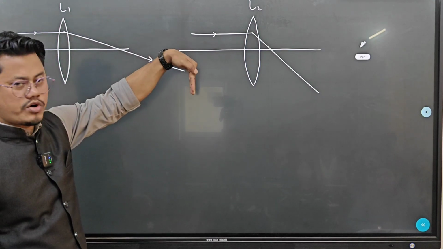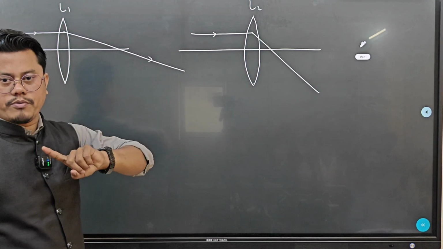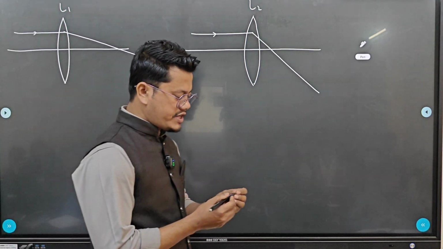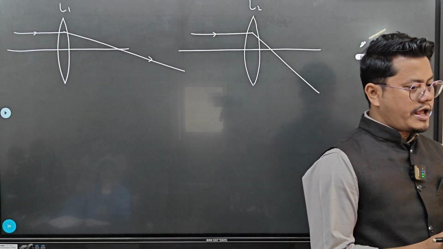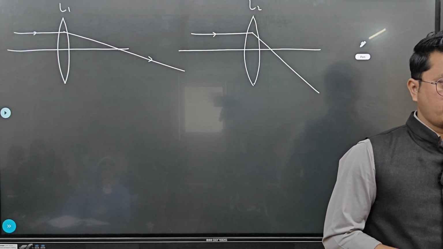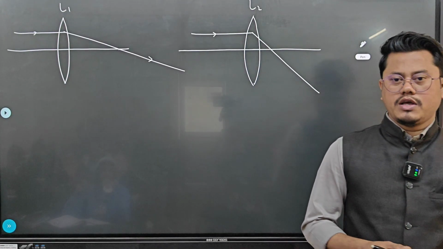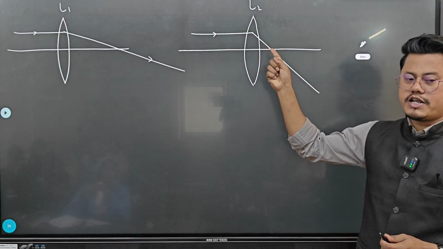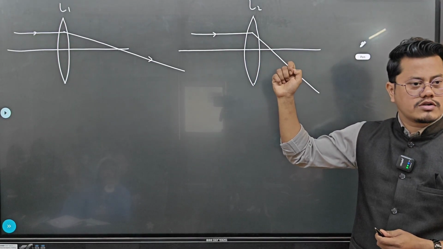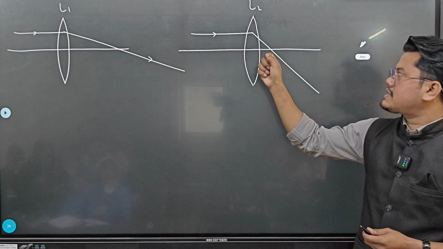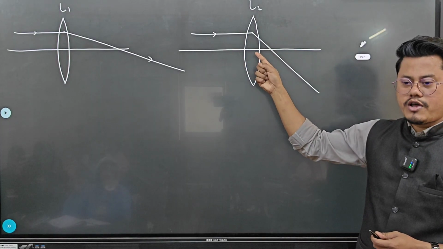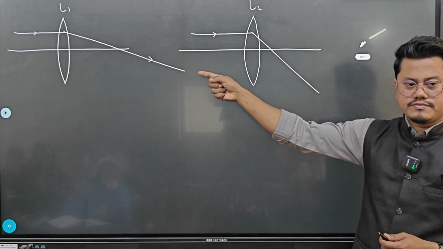L2 is converging more. Yes or no? Are you getting my point or not? What we have written in the statement is that the ability of a lens to converge or diverge light ray is known as power. It means those lenses which can converge more need to have more power. In between these two lenses, L2 can converge more, so L2 needs to have more power than L1, right?